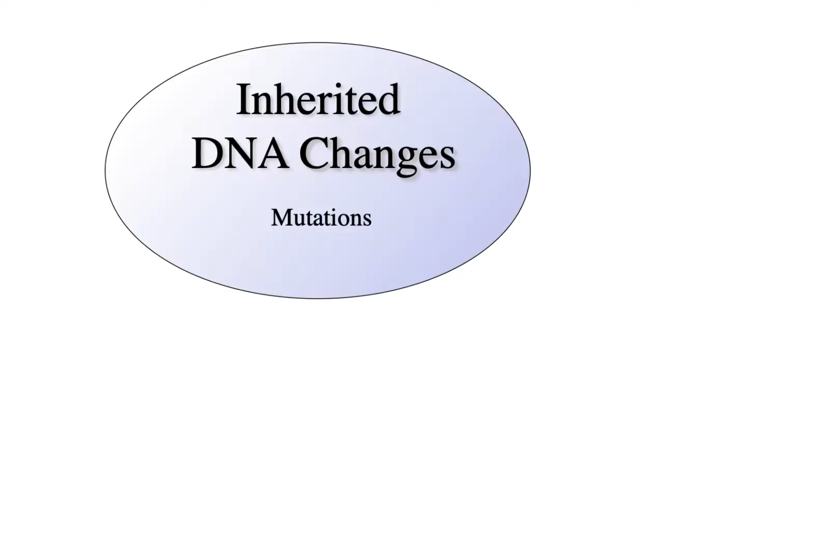So the first part of these are mutations, and these are inherited changes in the DNA. So they have to be inherited to be called mutations, going from one generation to the next to the next. And these are always called random, although they're not completely random. So you can say that they're sort of a pseudo-random process of creating these mutations in the genome of an organism. And in the case of most organisms, that's in the DNA, but in some viruses, of course, the RNA viruses, the inherited changes are in the RNA.